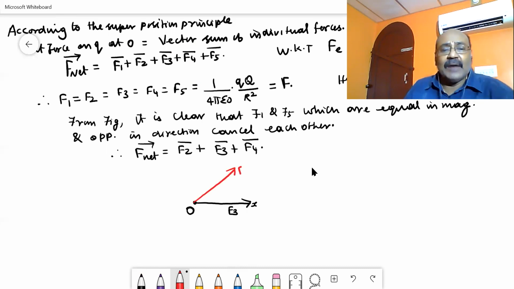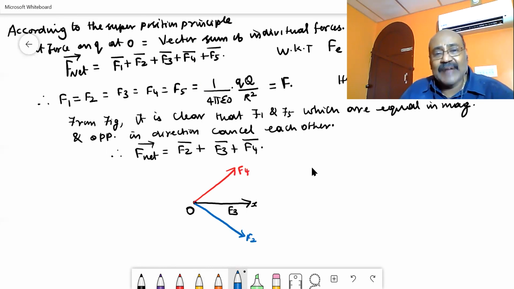And another one is called F2, which is acting in this direction. So, with reference to the x-axis, F4 and F2 are inclined at an angle theta. Both are equal because the charges are placed at equal distances.